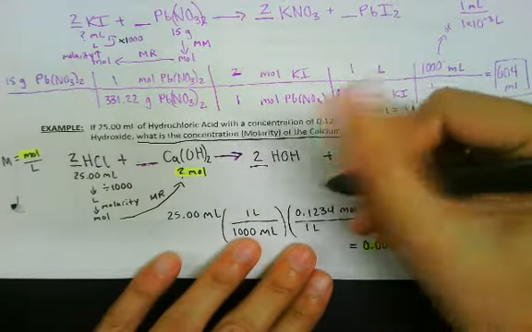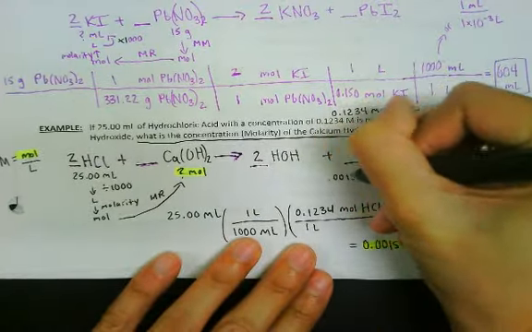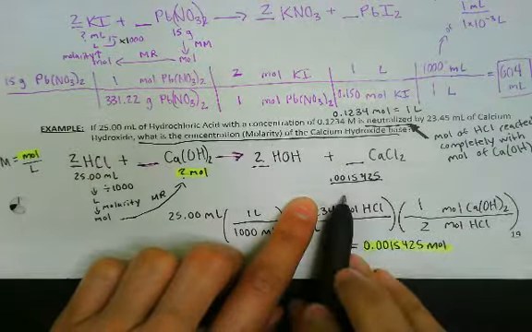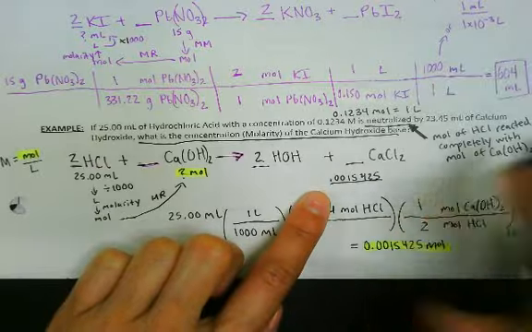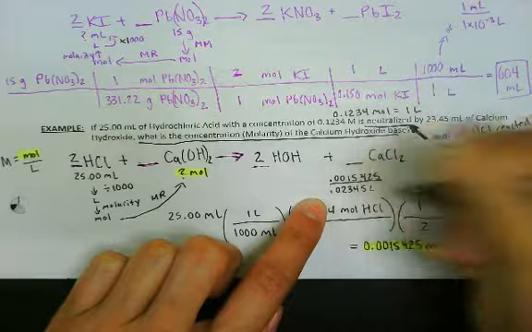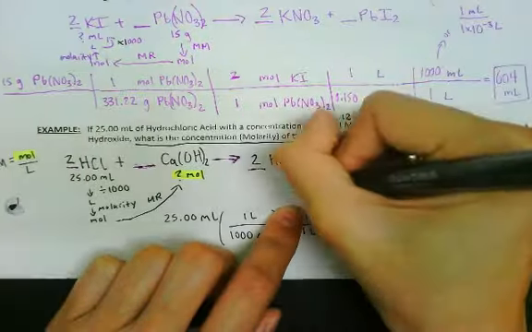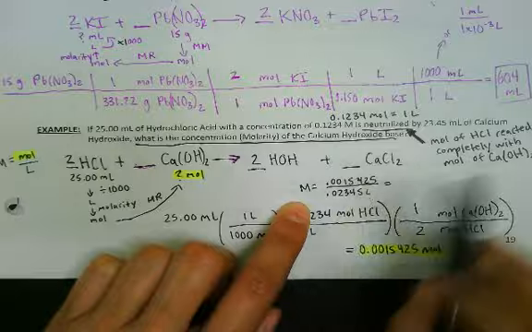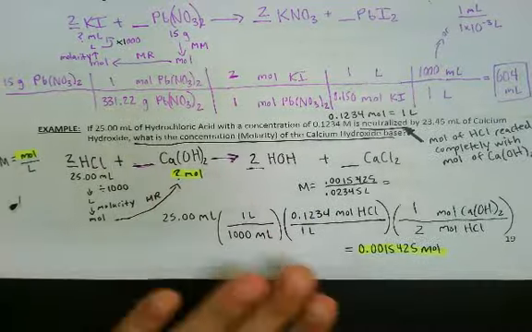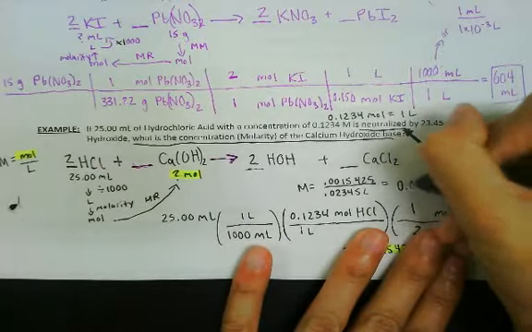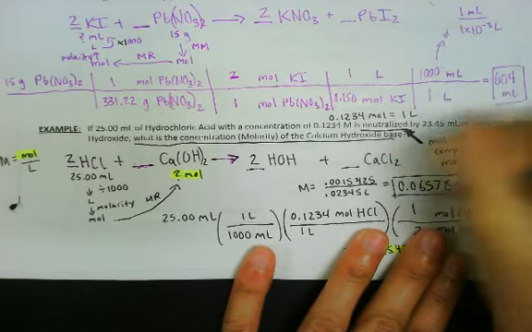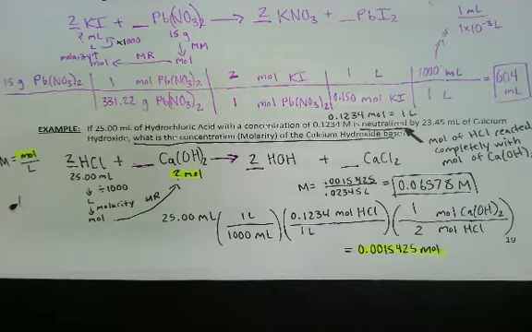So your moles, if you put this over the liters of calcium hydroxide, so 0.02345 liters of calcium hydroxide, you will get the molarity of your calcium hydroxide, which, if you got this in 4 sig figs, should have come out to this value. So that is your answer there.